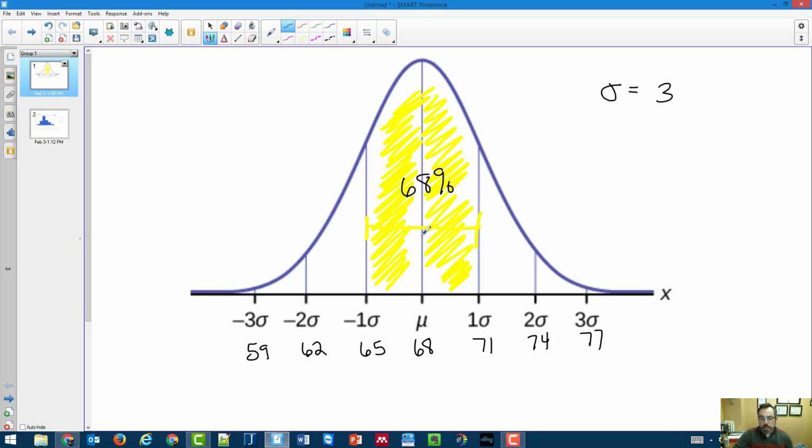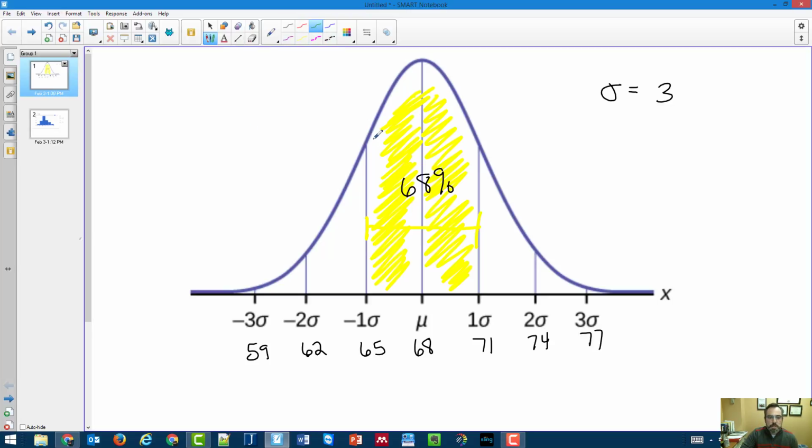Seems a little high, but I suppose not. The average height in the United States, I believe, for men is 5'8", and for women, I think it's 5'6". So that seems about right. I don't know how many male and female students we pulled here, and we did both genders. So 68% are in that first standard deviation.